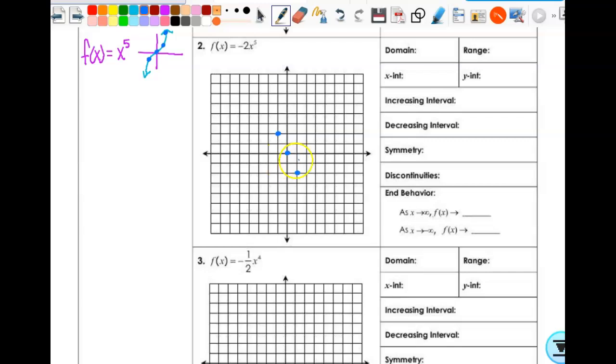So I'd be at 2, 32, right? Reflect, and then go way off my graph. So I can't do anything, but again, that does tell me it's super skinny. So it would look something like this. And what kind of symmetry does this have? Origin. Any questions at all? All right, so that's power functions.